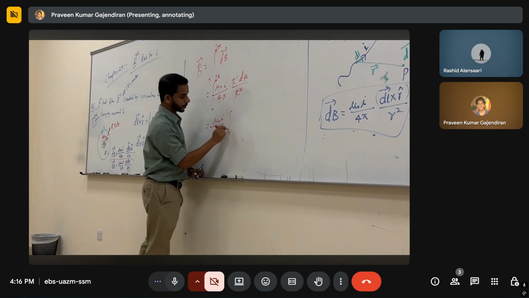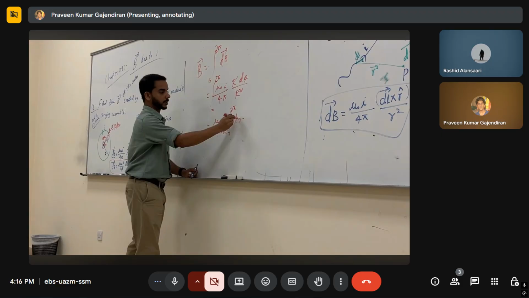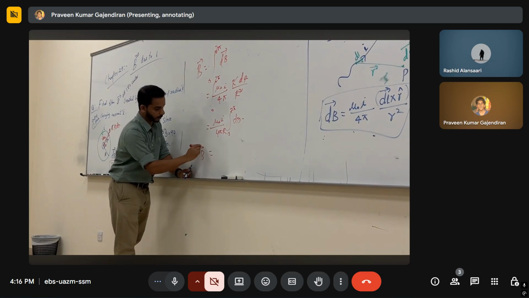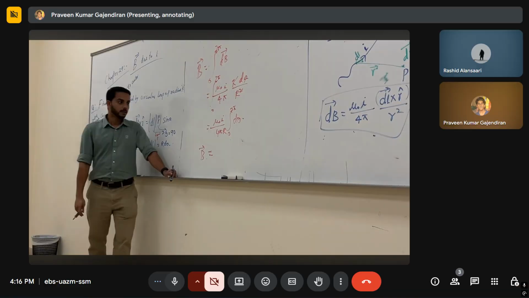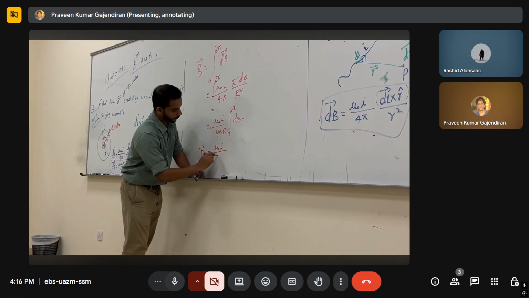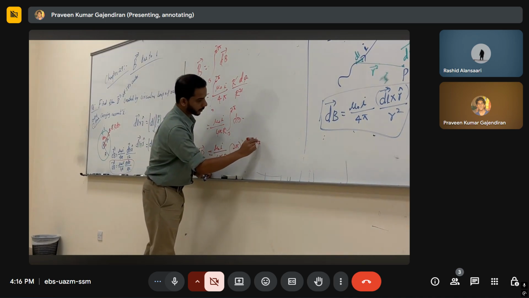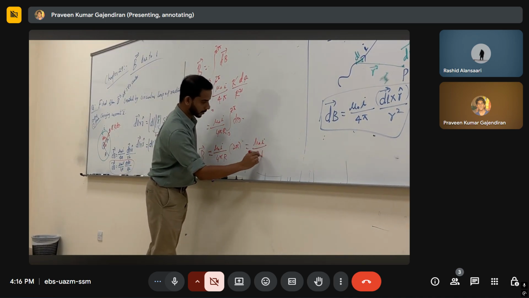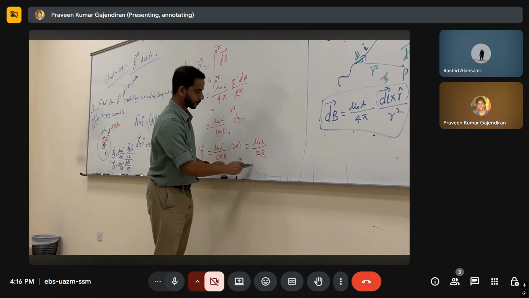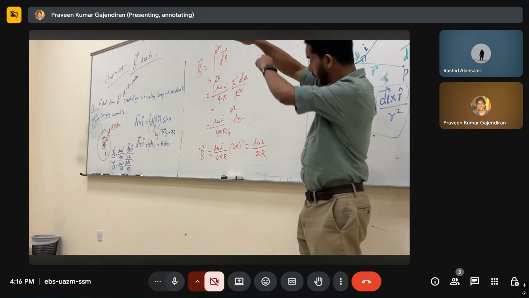You can take R out because you are only integrating over d theta. So you have mu0 I over 4 pi R times 2 pi, which gives you mu0 I over 2R. This is the magnetic field created by the whole loop.